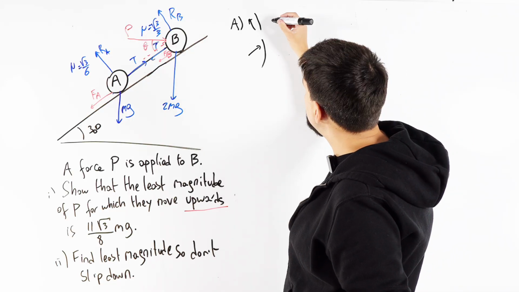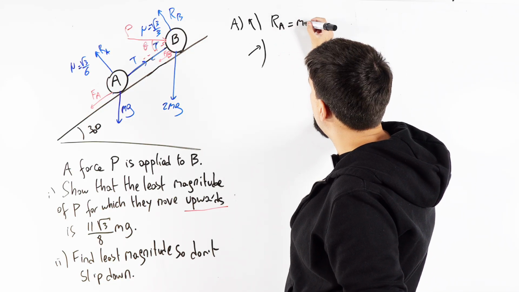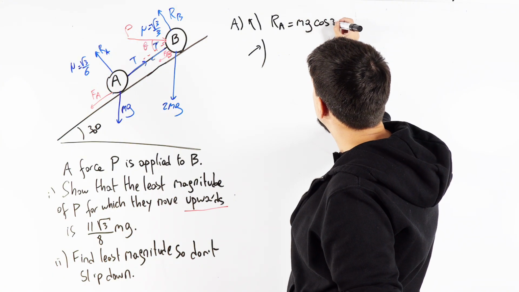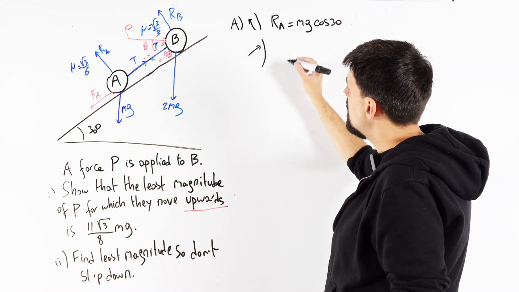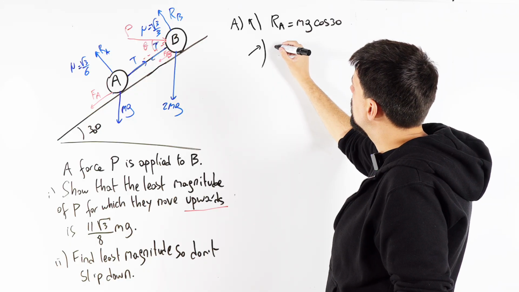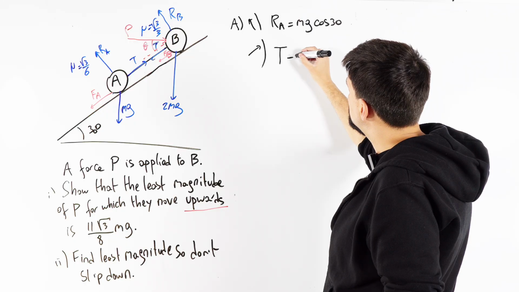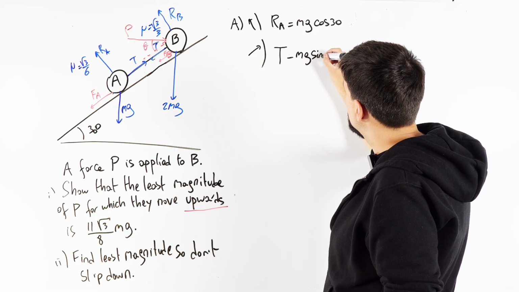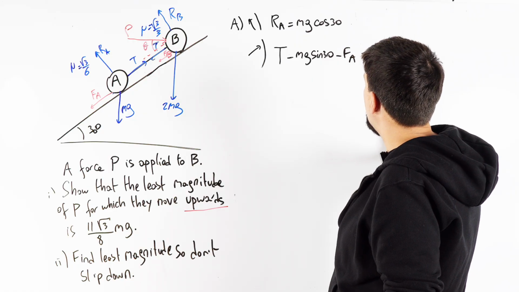Perpendicular to the slope, that tells me that our A is mg cos 30, quite obviously. Going up the slope, T minus mg sine 30 minus the friction at A has to equal 0.